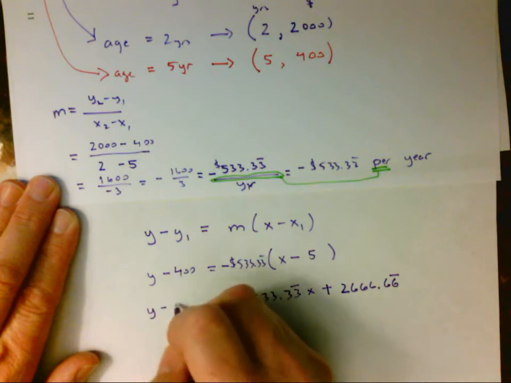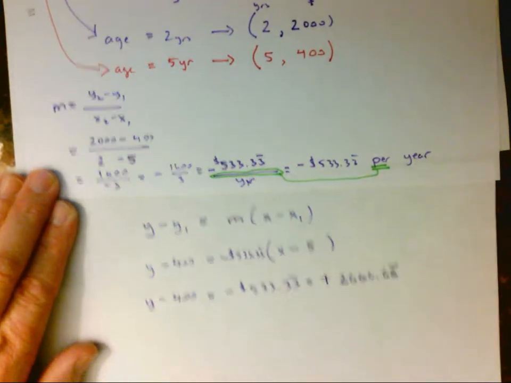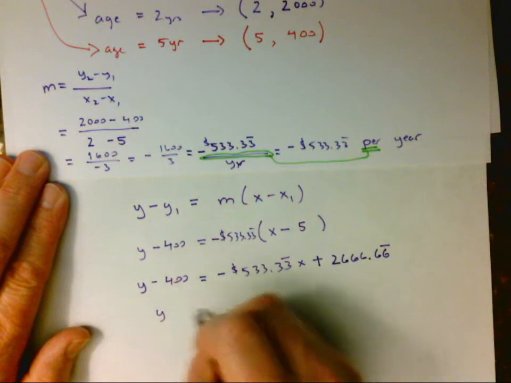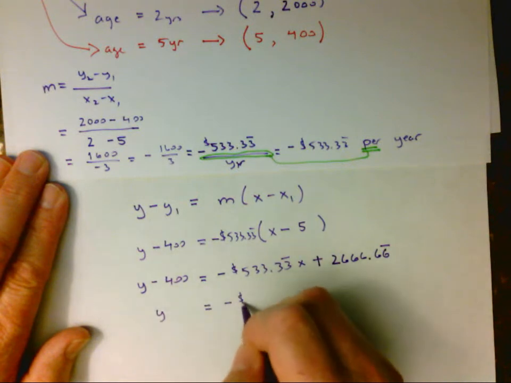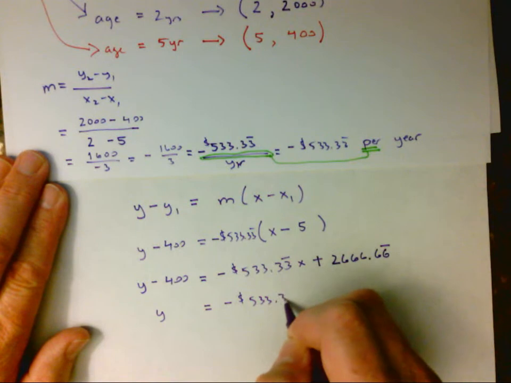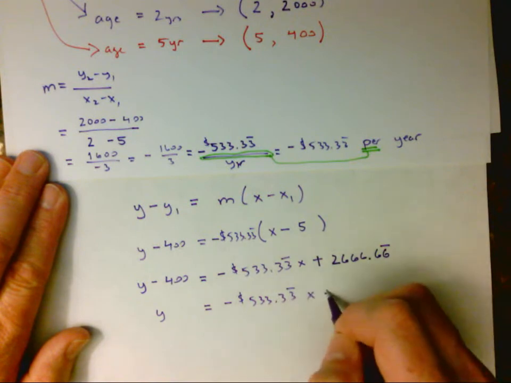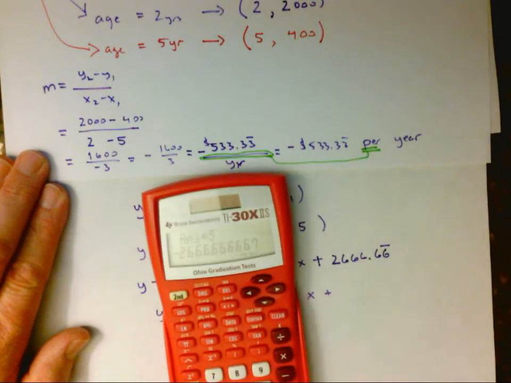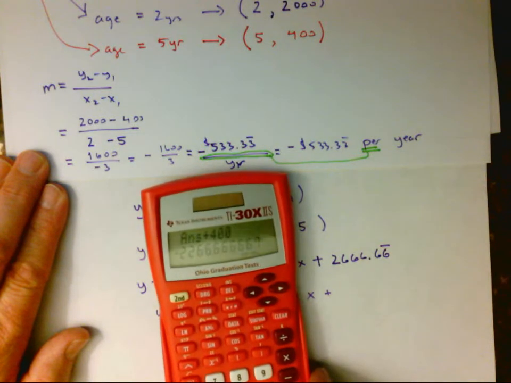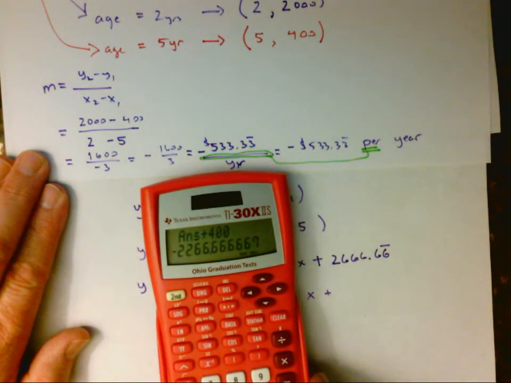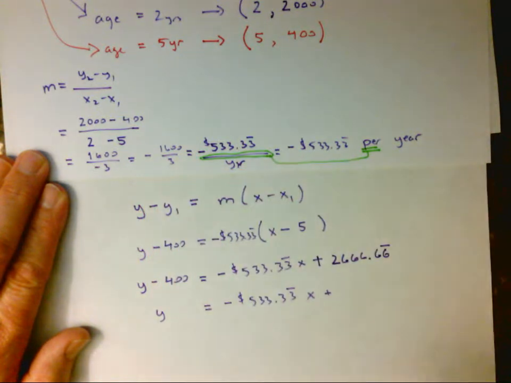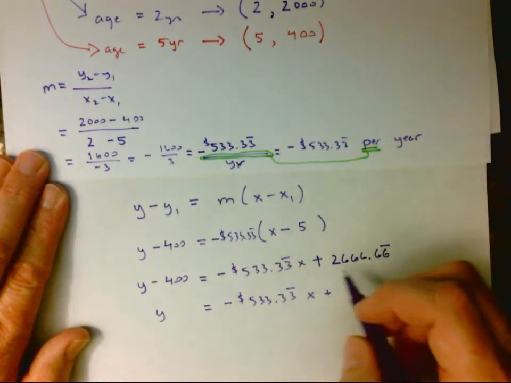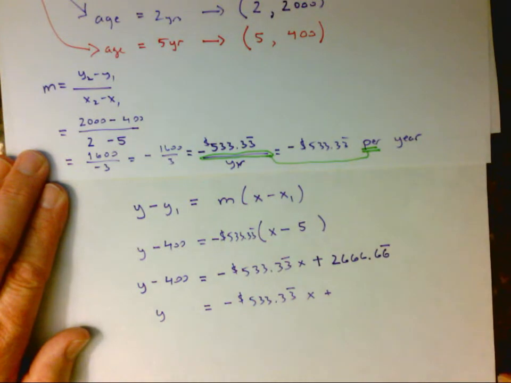And that's y minus 400. Then y equals negative 533.33 repeating x plus, I'm going to be adding a 400 to both sides, so I come to the calculator and I say plus 400. That's not right.